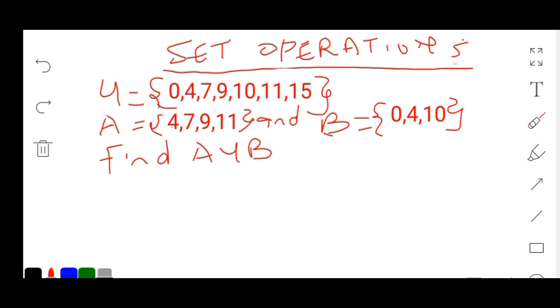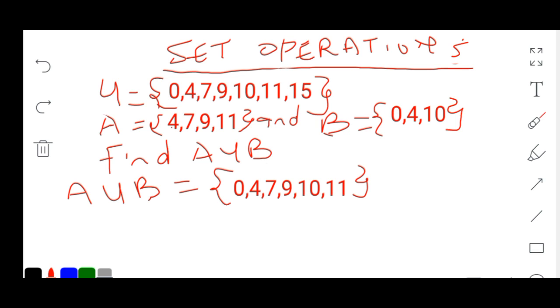So finding A union B is very simple. For a union, you join the two together. So just join set A and set B together. Simple as that. So you pick from B and you also pick from A. Arranging in ascending order, that will be 0, 4.